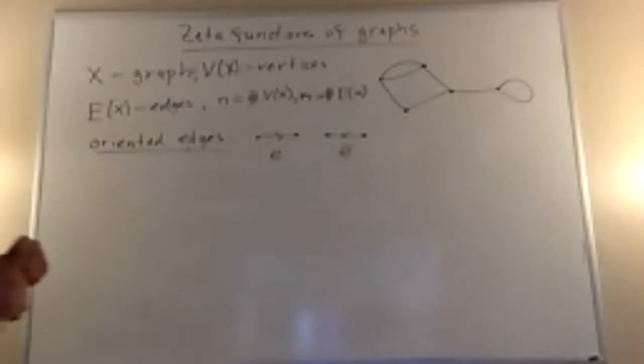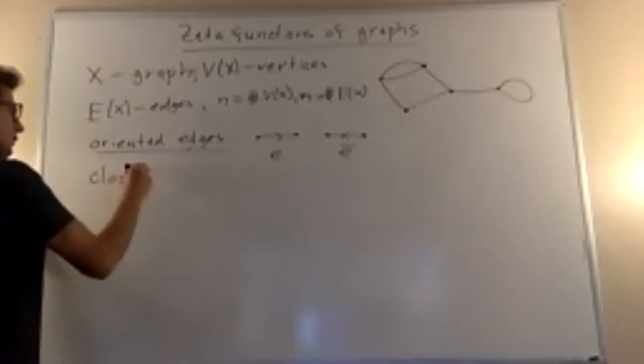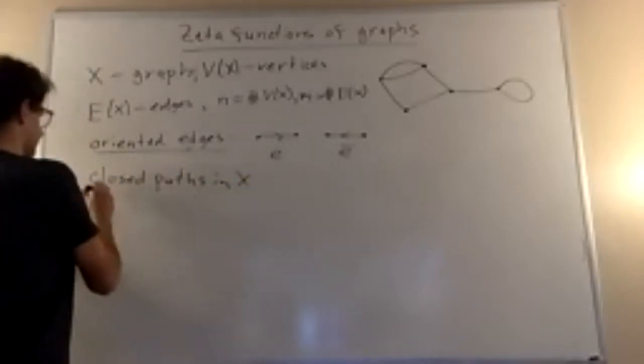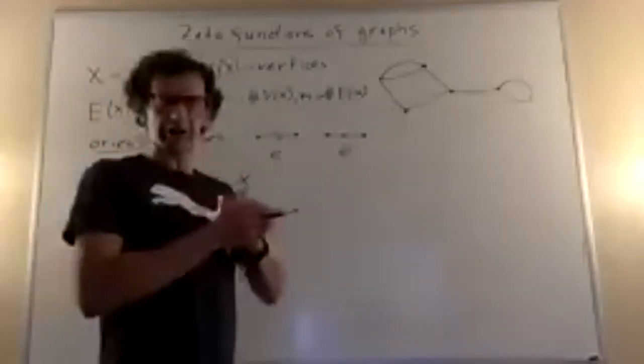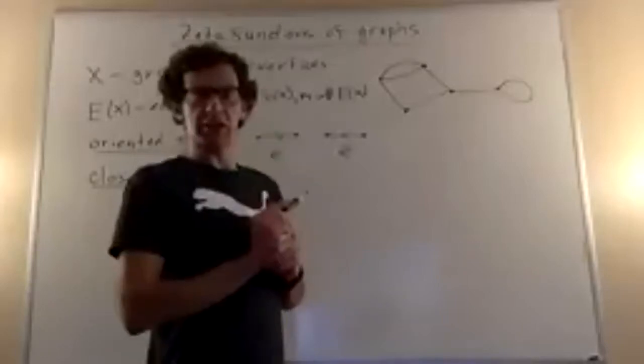Okay, and so what I'm interested in is closed paths in X. Okay, so I'm a runner. I love running. So the way I'd like to think about this is, let's say that this is my neighborhood, and I want to figure out all of the different ways I can run a certain distance in my neighborhood. Right?